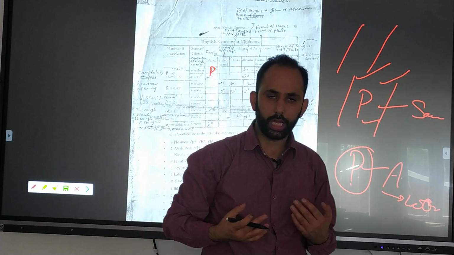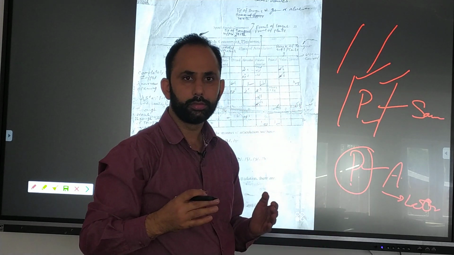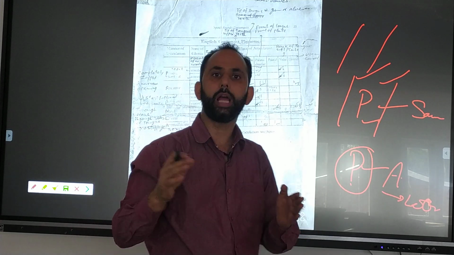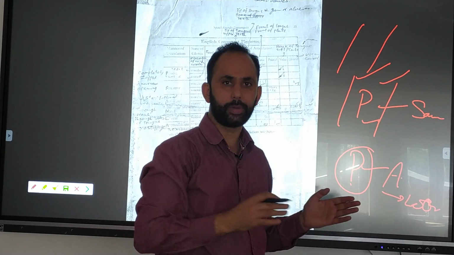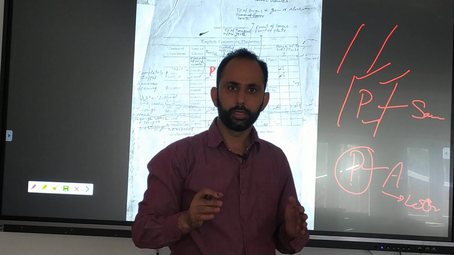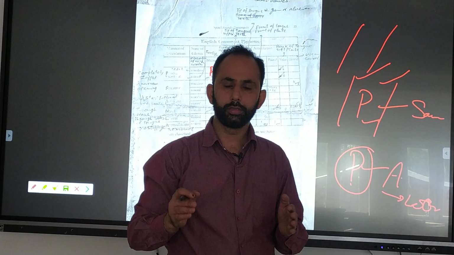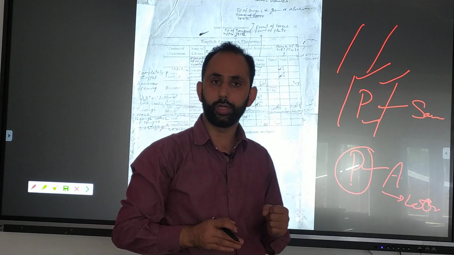Otherwise, it is known to you that there are some sounds whose symbols are represented with alphabets, but not all the symbols are represented with the alphabets, only some. Because I told you that sounds are 44, while the letters of the alphabet are only 26.